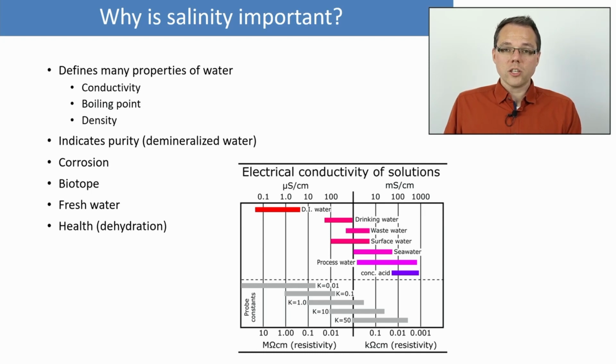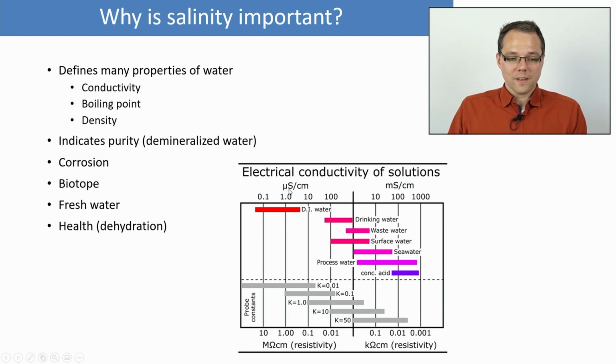If you have dehydration, the conductivity values in your body fluids will change. You can see that on the bottom right. This is the conductivity on a logarithmic scale, and you see indicated the range of certain types of water. The thick line is the line between drinking water and non-drinkable water.